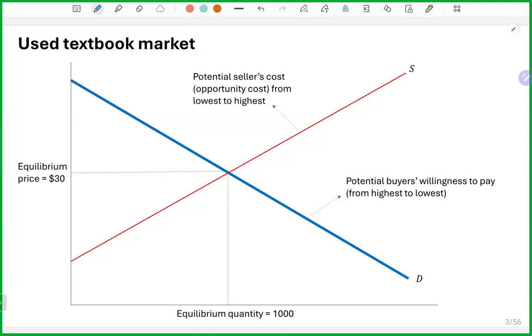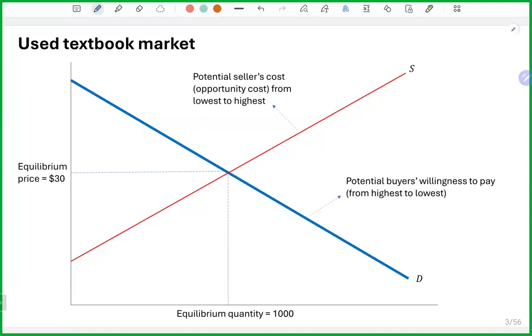When I ask you to interpret the meaning of the height of the demand curve, the height indicates the buyer's willingness to pay. They all have different willingness to pay. This person here, that's the first person here, has the highest willingness to pay among all the potential buyers.